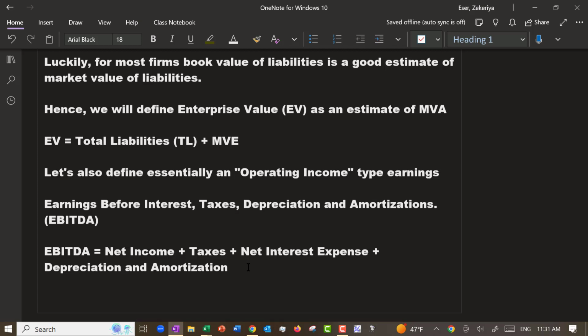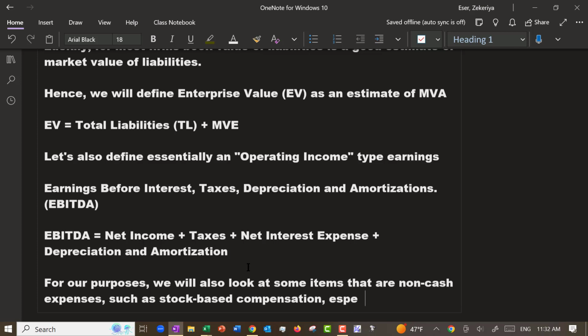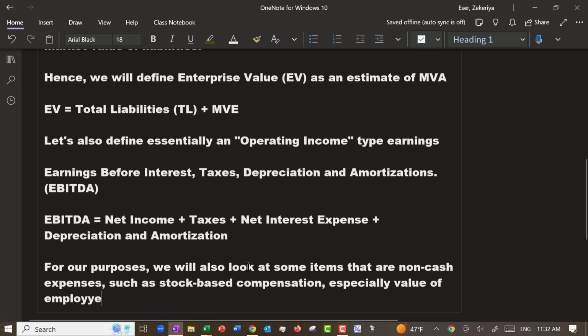For our purposes, we will also look at some items that are non-cash expenses, such as stock-based compensation, especially value of employee options granted.